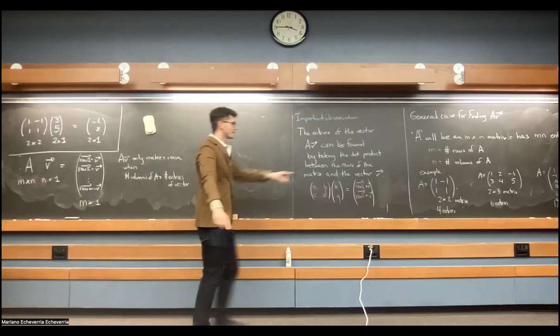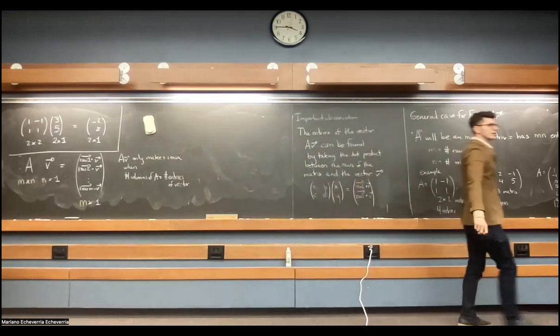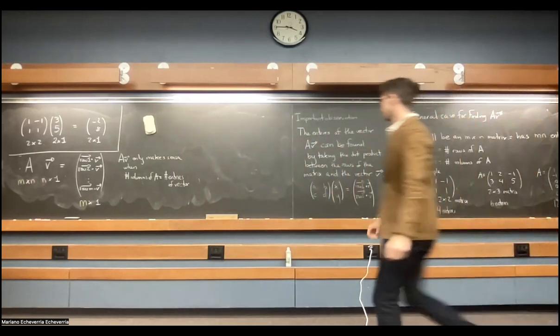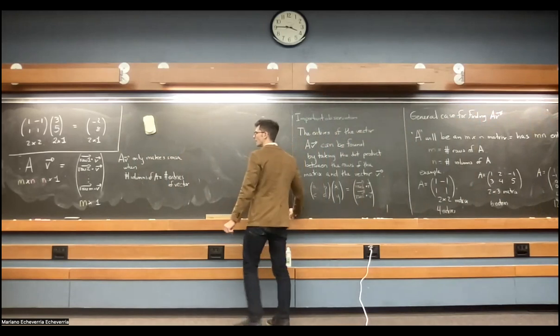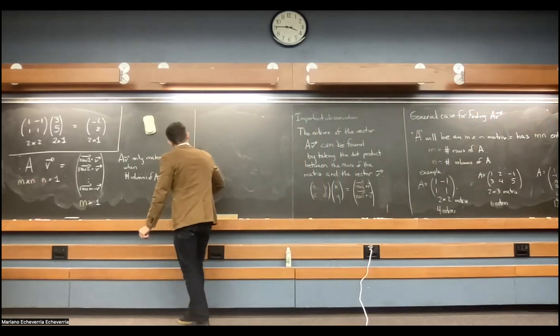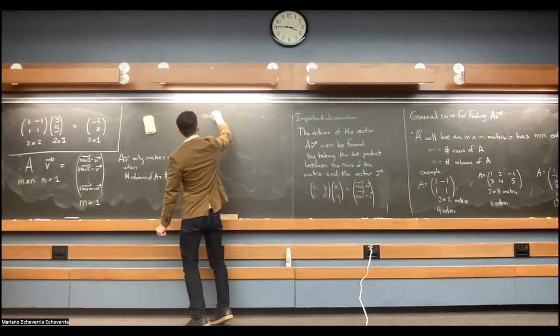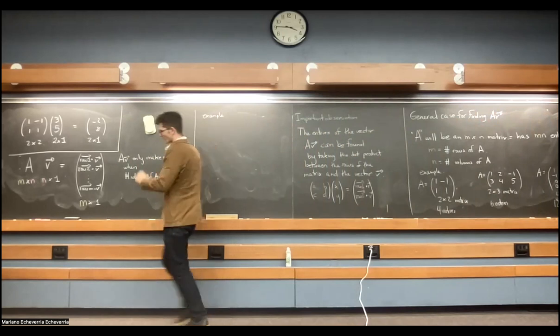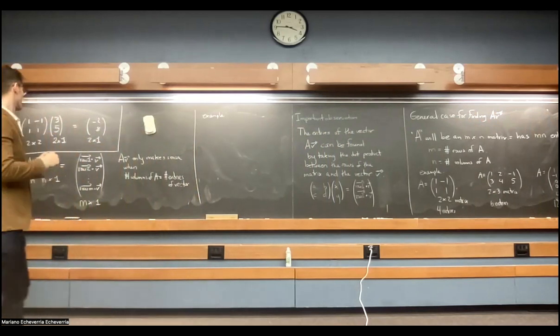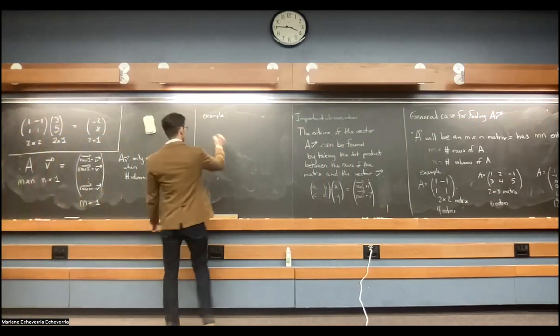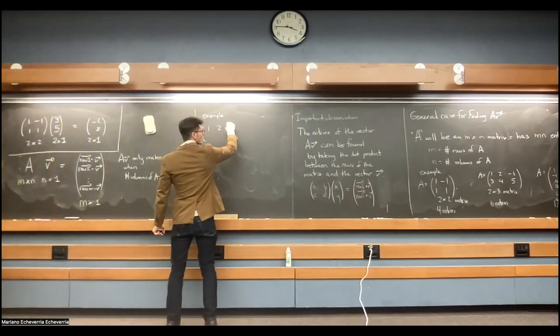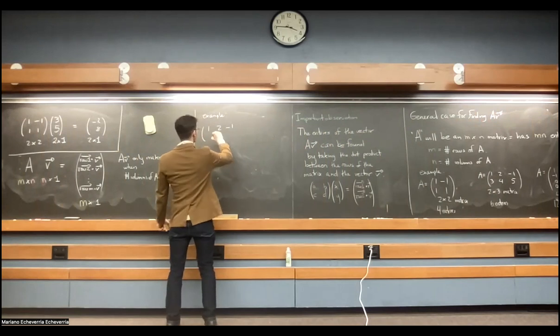Imagine that I had taken this matrix in the middle, which is 2 by 3. So I do 1, 2, -1, 3, 4, 5.